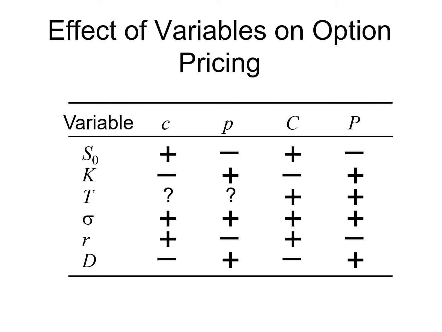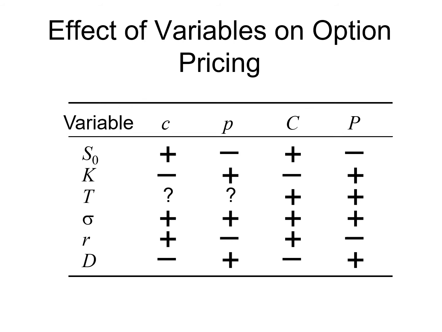When the stock price increases, we know the call price increases, right? Because the call is to buy the stock, so if the stock price is higher, the value of the call is higher. On the other hand, the put's value is lower because a put is to sell the stock at a certain price.